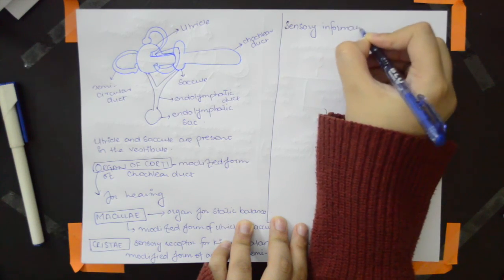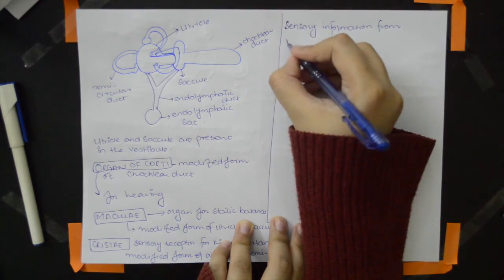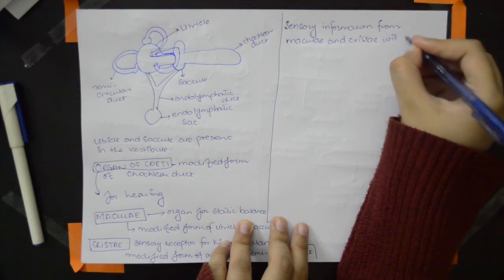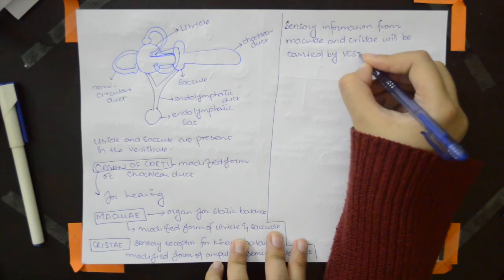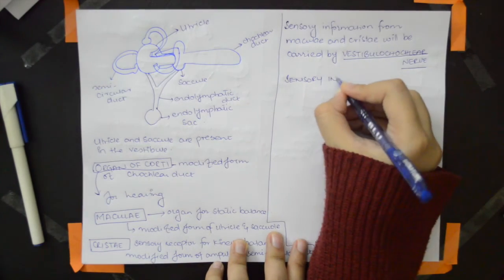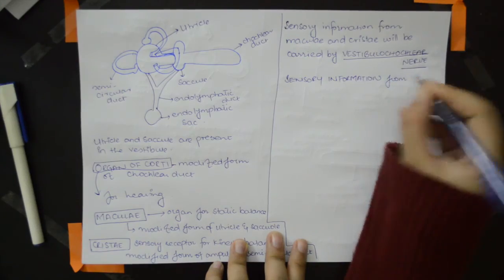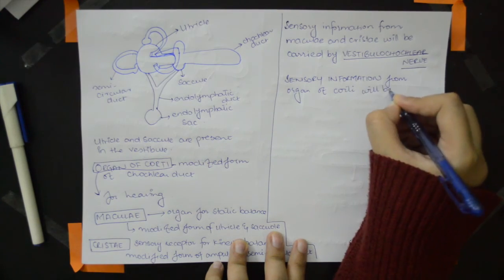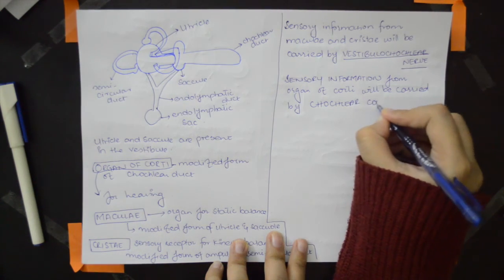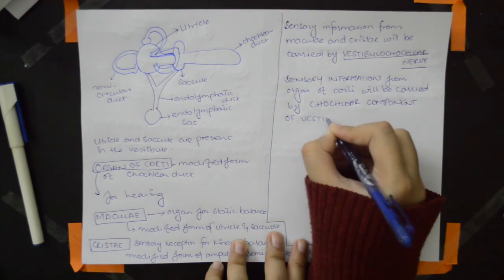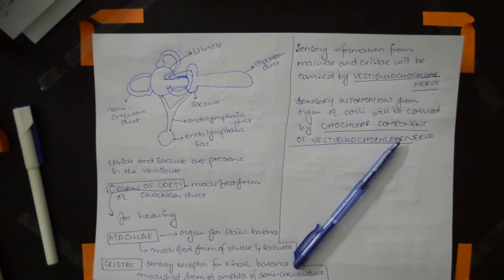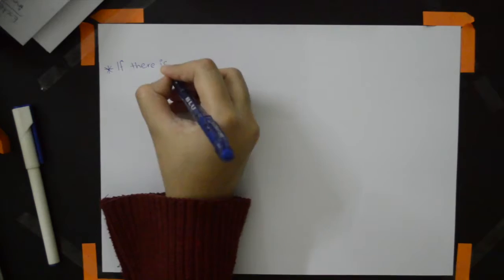Sensory information from the macula and crista will be carried by the vestibular component of the vestibulocochlear nerve, and the sensory information from the organ of Corti will be carried by the cochlear component of the vestibulocochlear nerve.